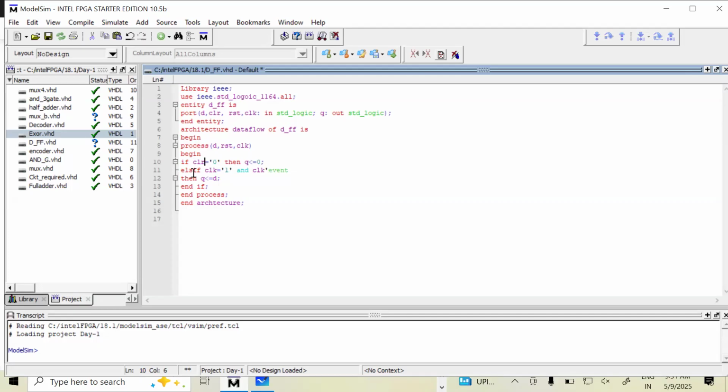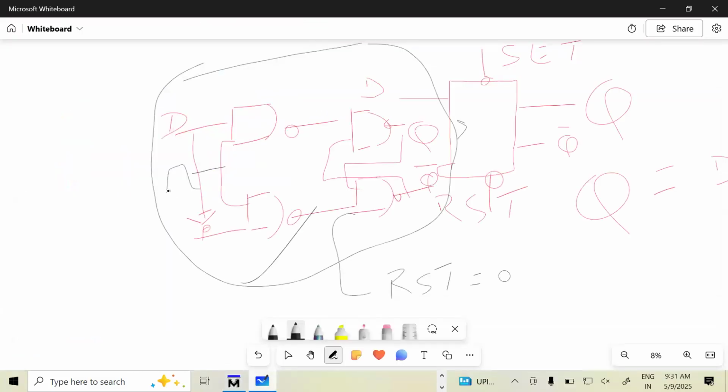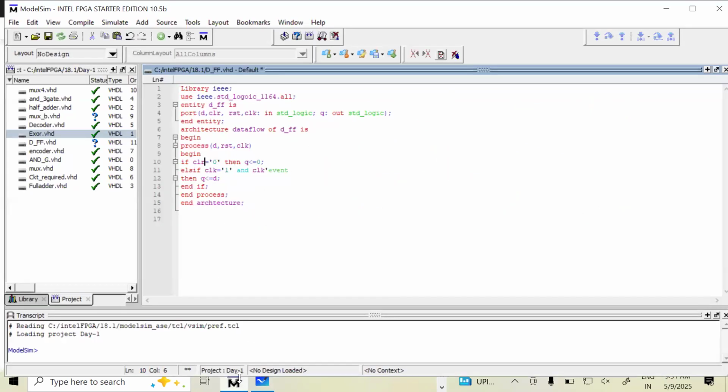Here it is written else if clear is 0, then you don't need to do anything, you just put Q equals to 0, irrespective of the inputs it is accepting. However, if clear is 1, then it will go through the other statement. If clear is 1 and a clock is provided there, you can see in the circuit that if there is no clock at the common input, then the output is retained. That is, the initial condition of Q is retained if clock is not provided. That's why it is written here in the program.